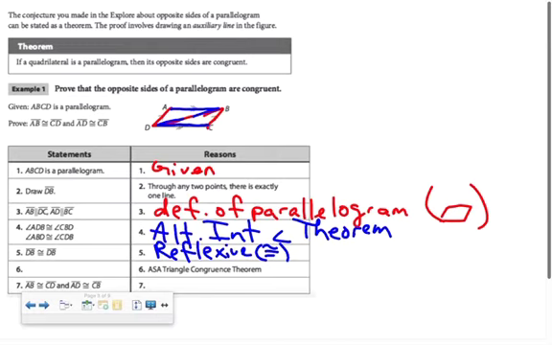And so I'm saying in reason 6 that I'm using the angle-side-angle triangle congruence theorem. And I hope by now you take that as a huge hint that I'm saying that two triangles are congruent. Those two triangles are triangle ABD and triangle CDB.